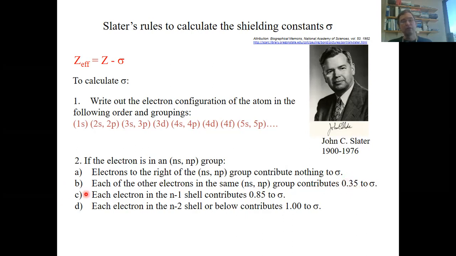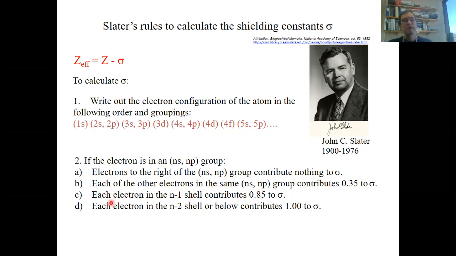Now the third rule is that each electron in an n-1 shell contributes 0.85 to sigma. These electrons are now significantly closer to the nucleus compared to the electron we look at, and for that reason they shield approximately 85% of a full elementary charge.